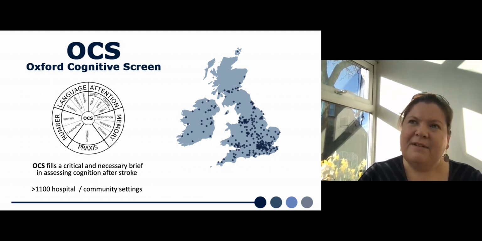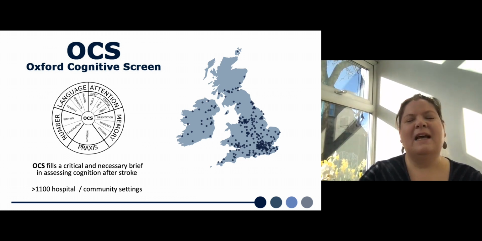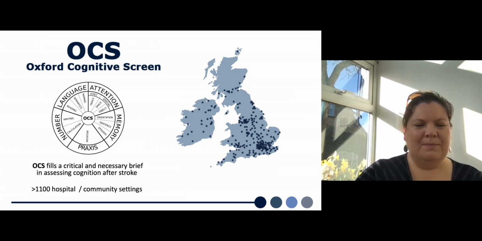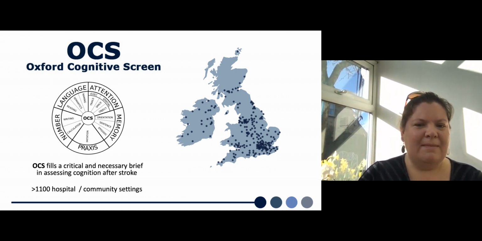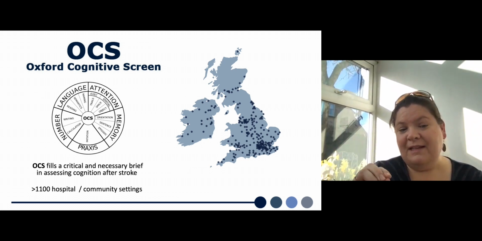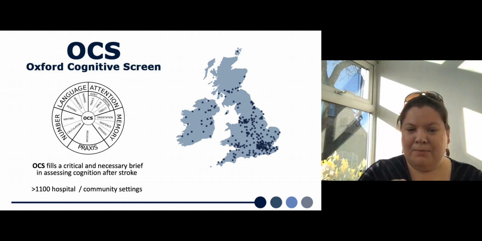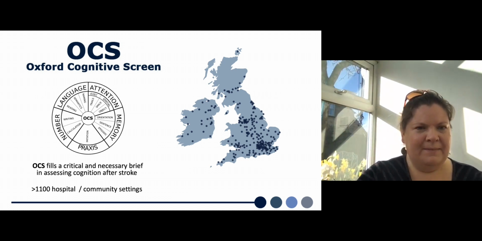There's currently 7 existing translations, cultural adaptations of the OCS that have been made, renormed in the specific population of interest and are being used across the world as well. So because we track licensing, we can also figure out how many people are using it. But really it fills that critical need, this brief tool for assessing domain-specific cognition in a time-efficient way.